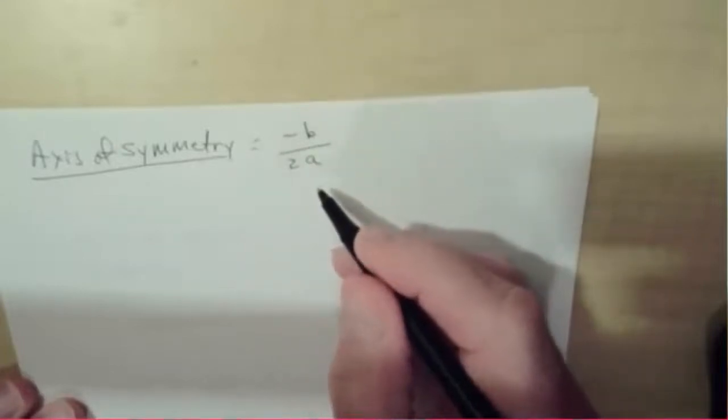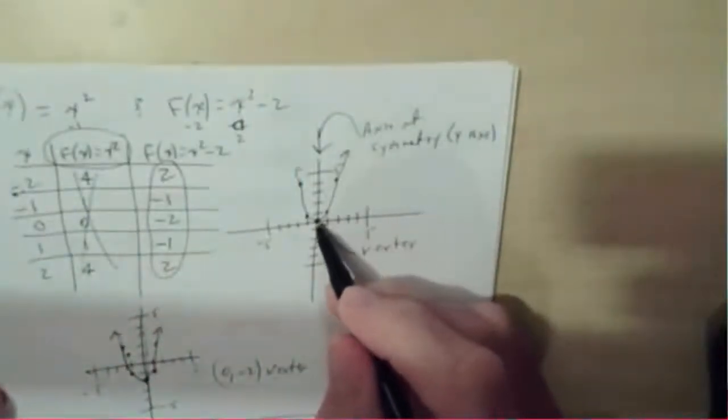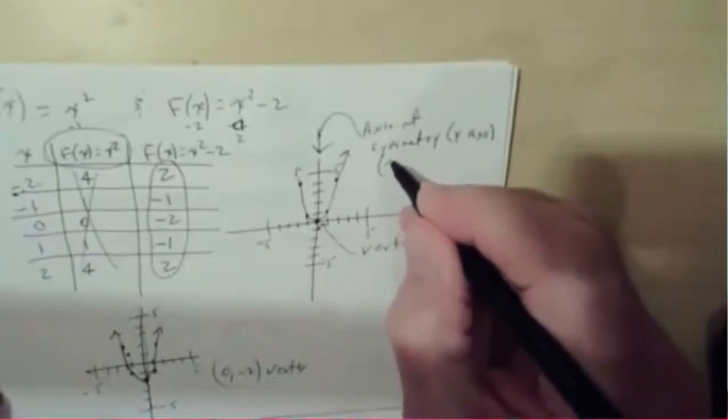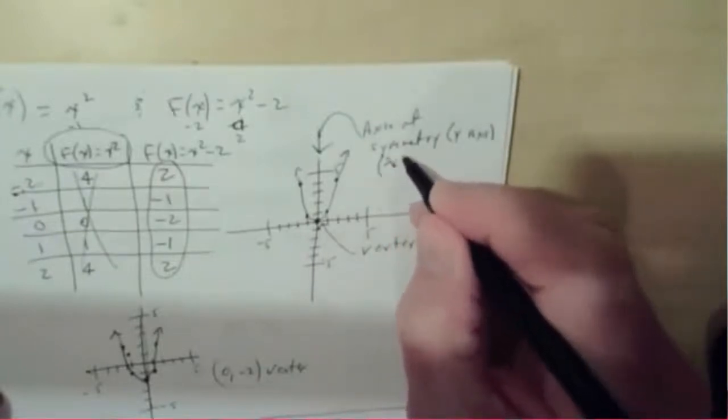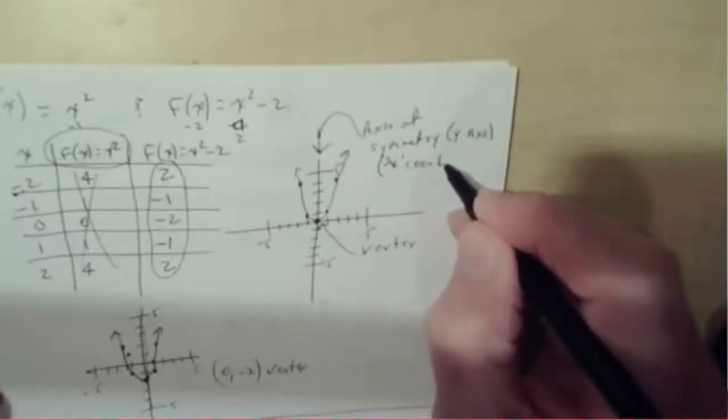That's the axis of symmetry. If you'll look on these things, where is the axis of symmetry? It's the x coordinate.